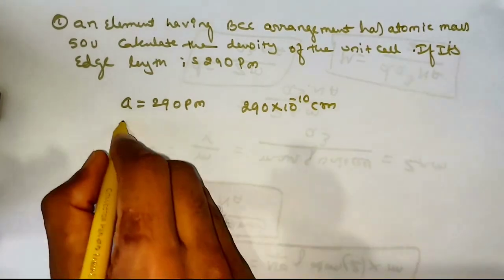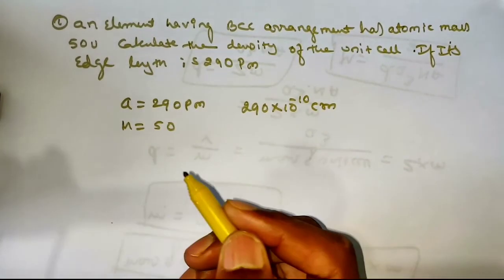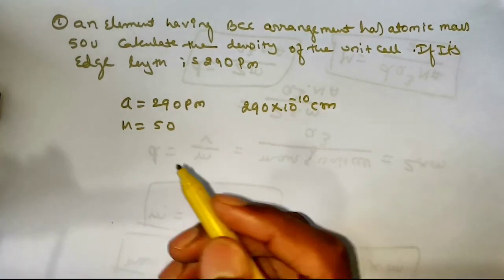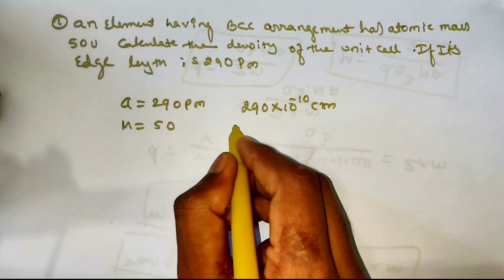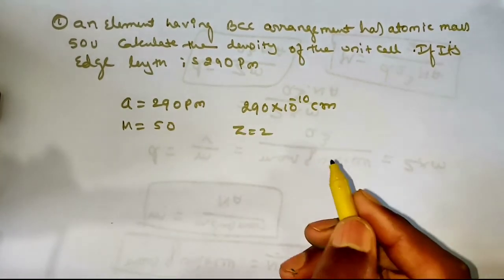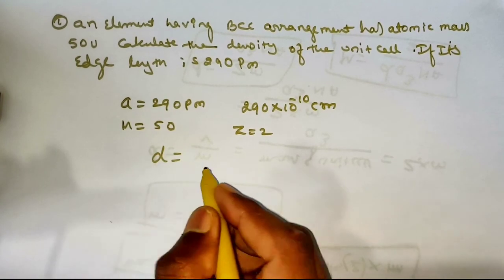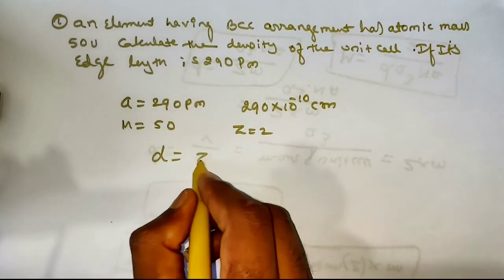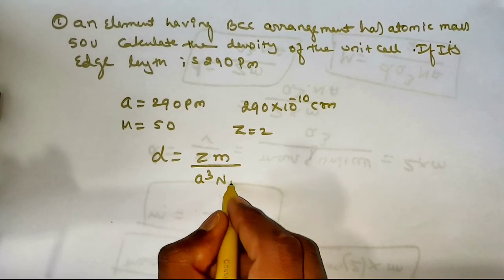The atomic mass given is 50. Since it is BCC geometry, the number of atoms present is Z equal to 2. So we use D is equal to Z M upon a cube into Na.